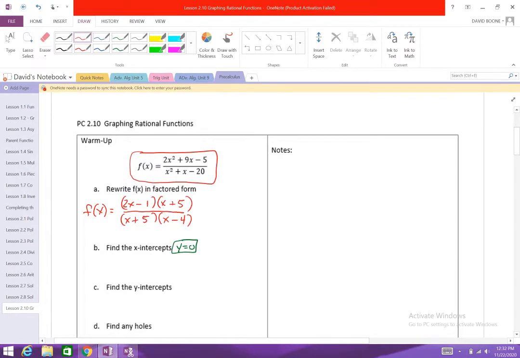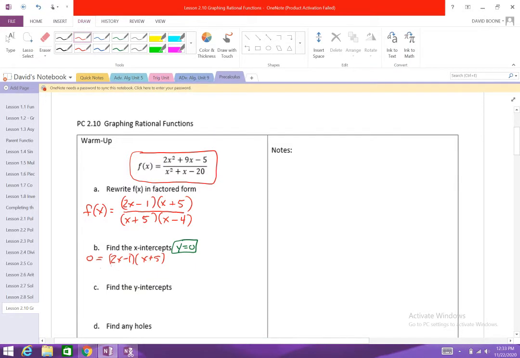The numerator has to be 0. So in this case, either the 2x minus 1 or the x plus 5 has to be 0. If this is 0, I don't care what that is, I multiply it, it should be 0 on the top. So it's just a matter of setting each of these individual pieces equal to 0.